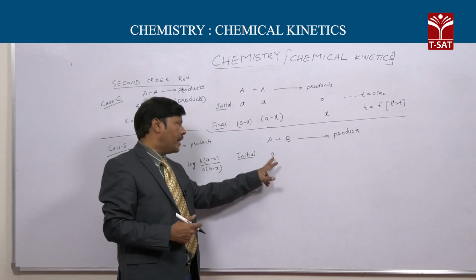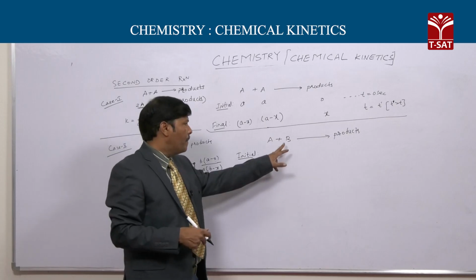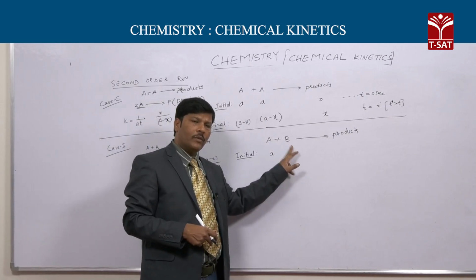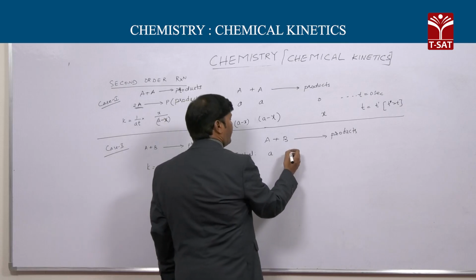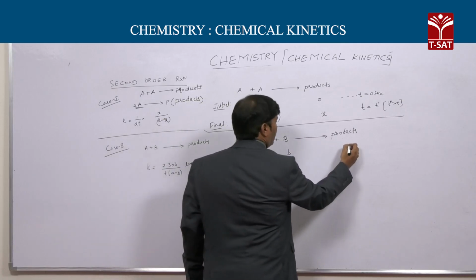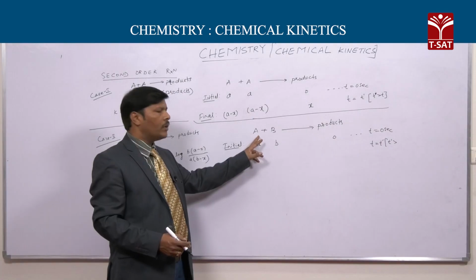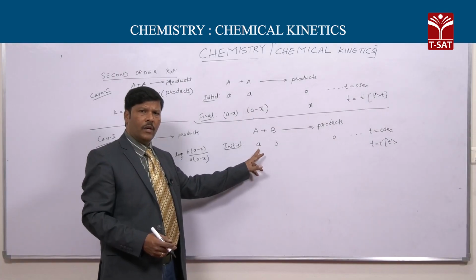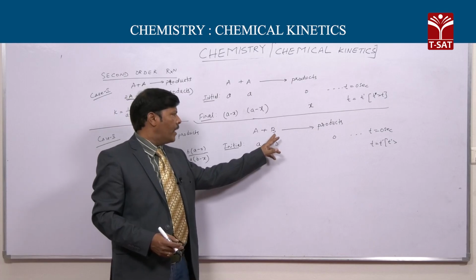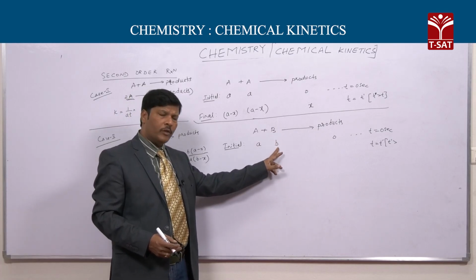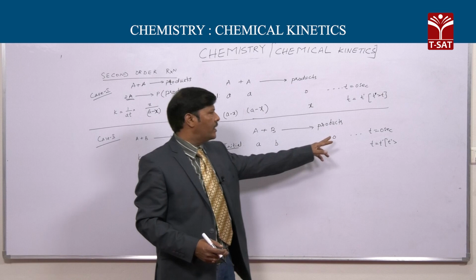For the initial reactant A, its concentration is A moles per liter. For the initial reactant B, its concentration is B moles per liter, when the time is 0 seconds.